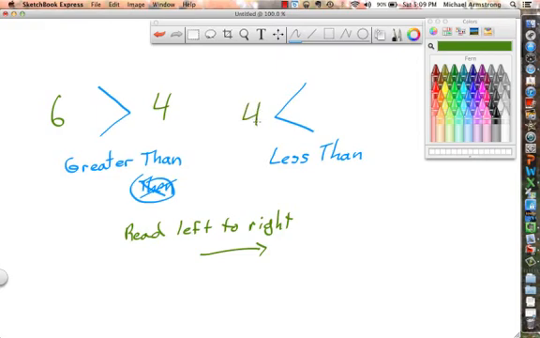And I have 4 is less than 6. So these are both true. 6 is greater than 4, and 4 is less than 6. And that's just, you read it from left to right. If you were to read it the other direction, if you were to read it backward, you'd have to say 4 is less than 6.